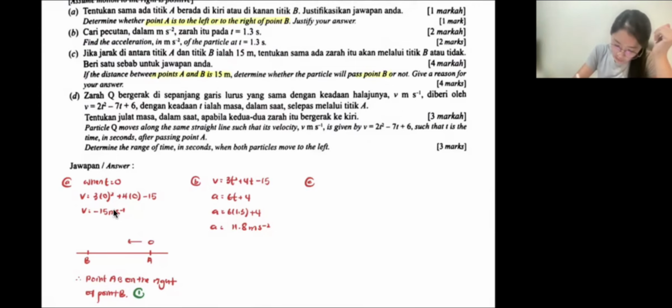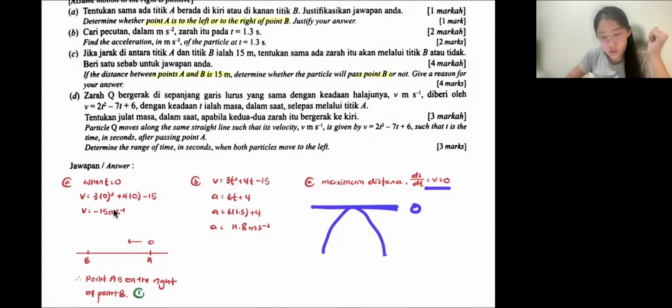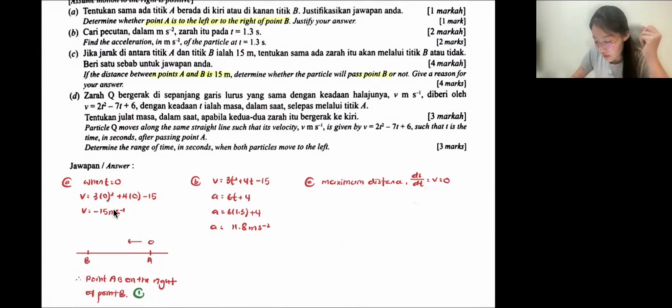Meaning ds/dt equal to 0. ds/dt is velocity. Remember in chapter 2, whenever we see maximum, minimum point, turning point, or stationary point, we will do dy/dx equal to 0, correct or not? Because at the maximum point, your gradient of tangent is 0. So therefore, we substitute 0. And ds/dt is basically v.